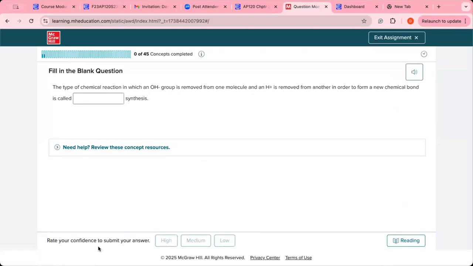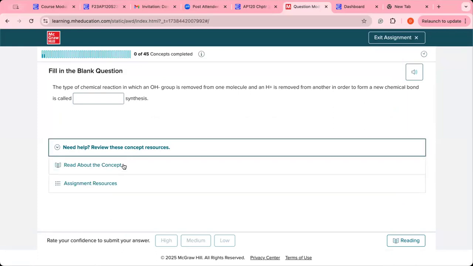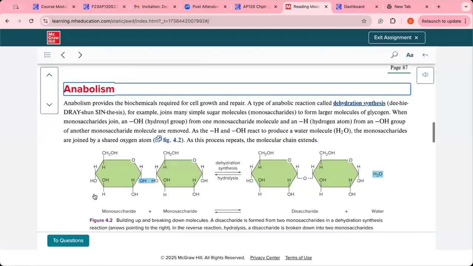Okay. The type of chemical reaction which, okay, I don't know this one at all. The type of chemical reaction that releases. Anabolism provides the biochemicals required for cell growth and repair. A type of anabolic reaction called dehydration synthesis joins many simple sugar molecules to form larger molecules of glycogen.